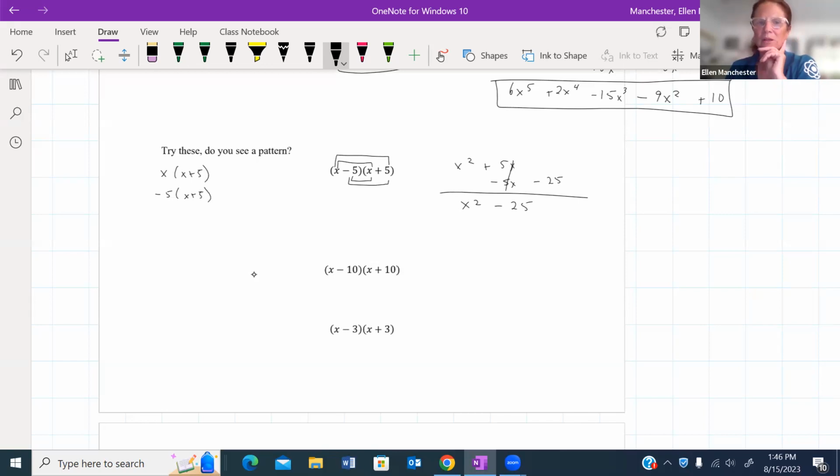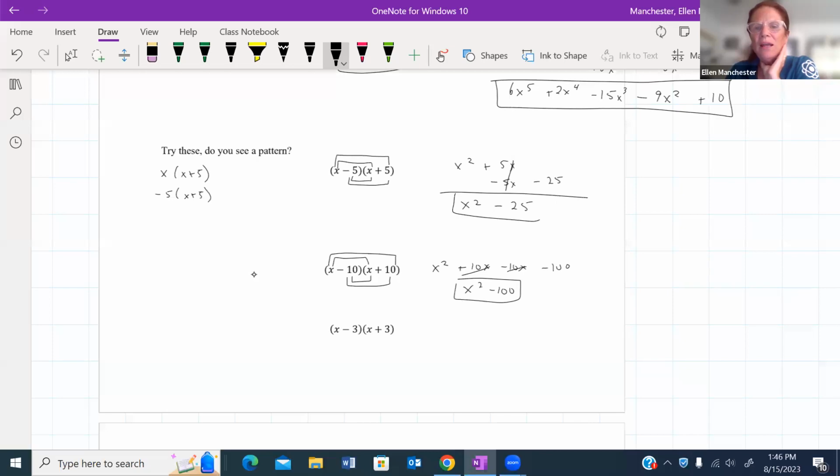Watch for a pattern. Same thing here. First is x squared. Outside is 10x. Inside is negative 10x. And last is negative 100, right? When I add them, I get x squared minus 100.